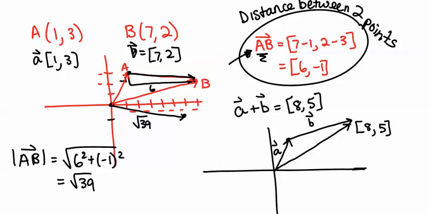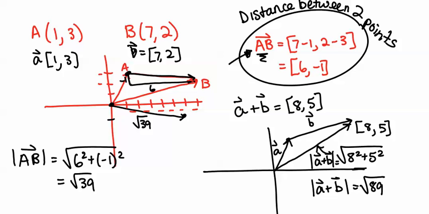And then if we wanted to find the magnitude of vector A plus vector B, this guy right here, we could just do the same thing. 8 squared plus 5 squared to find the magnitude of vector A plus B. And the magnitude of vector A plus vector B is root 89.